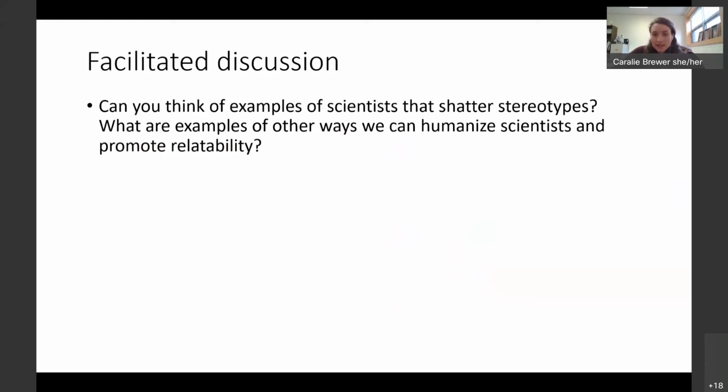Okay, Karen says, I think about Ruth Ella Moore in microbiology, first Black woman in the US to receive a PhD in natural science, bacteriology, worked on microbiome, dental caries, etc. Wow, really cool. I need a pen to write these examples down.